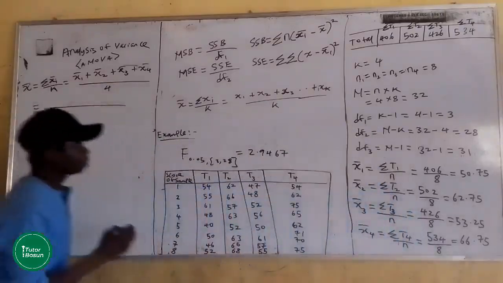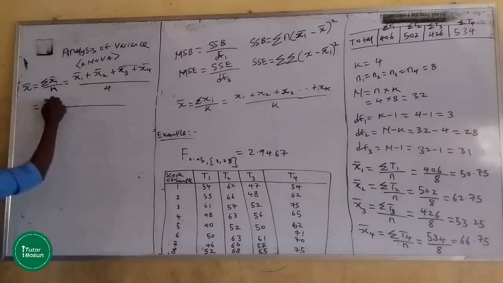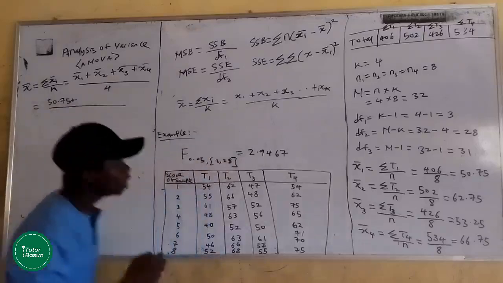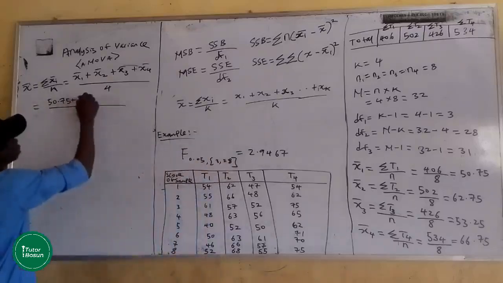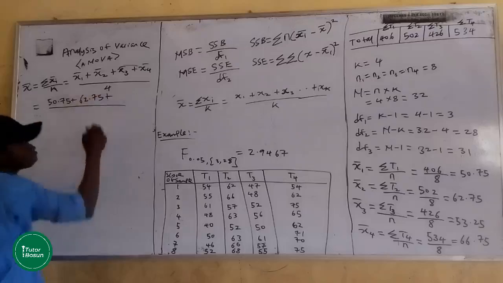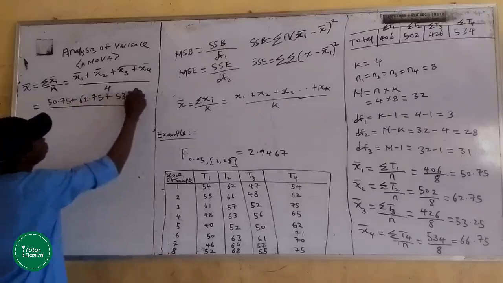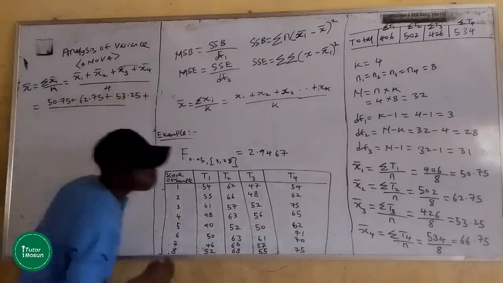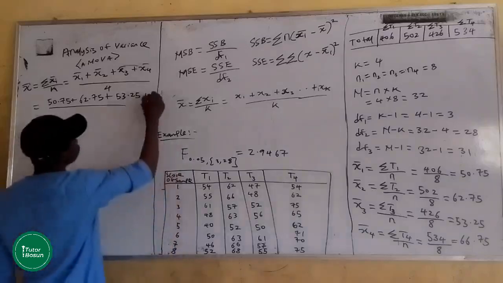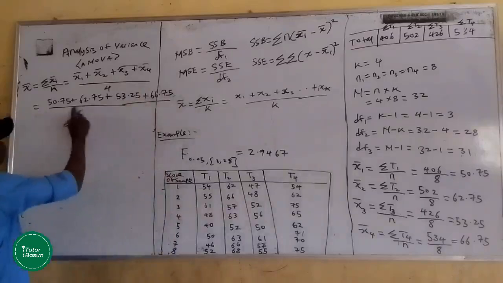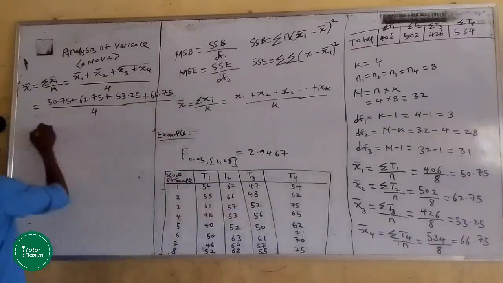So that will be equal to 50.75 plus 62.75 plus 53.25 plus 66.75, divided by the number of groups, which is 4.